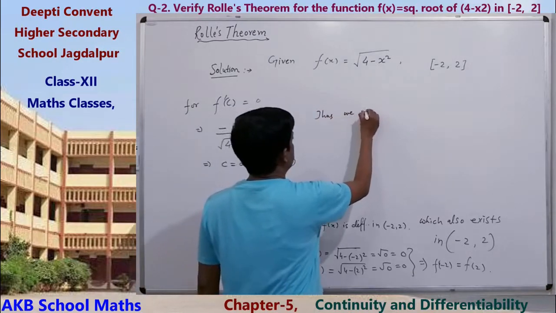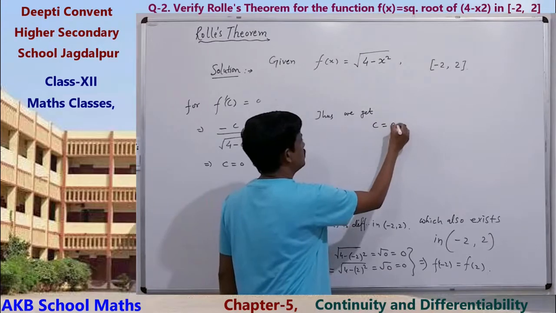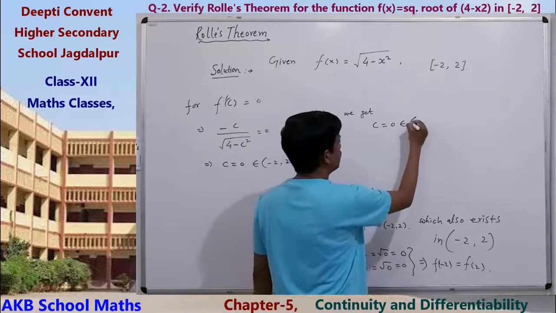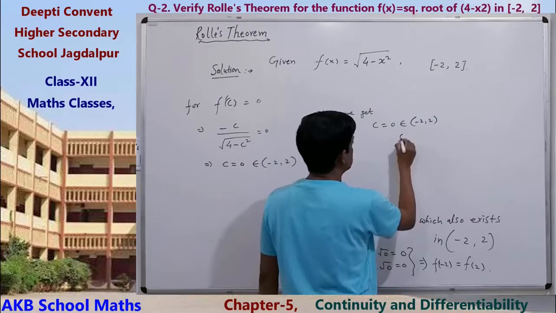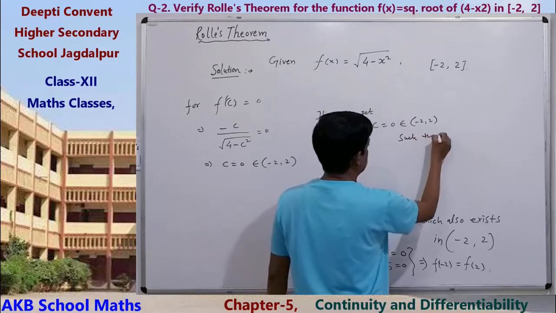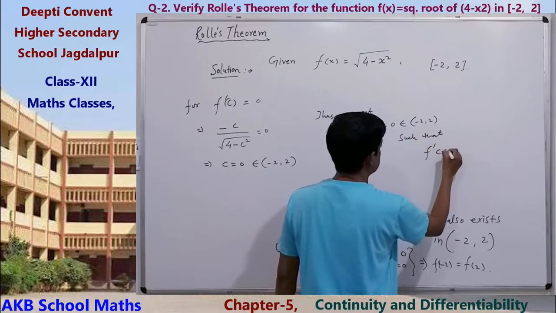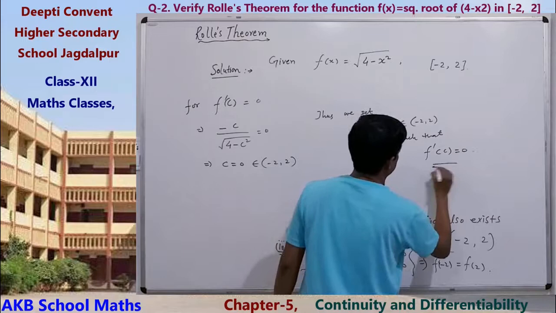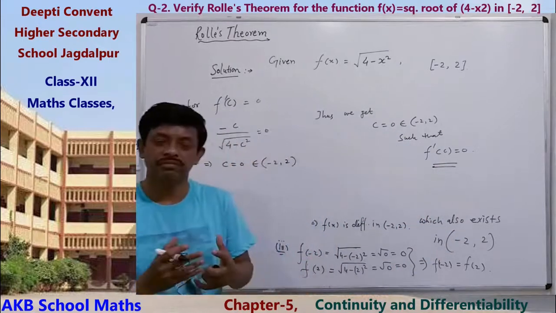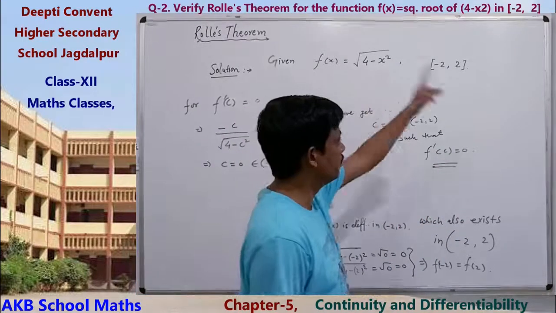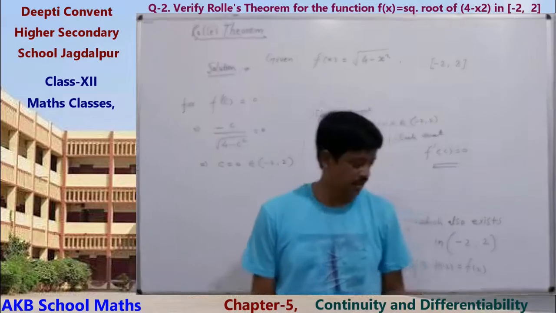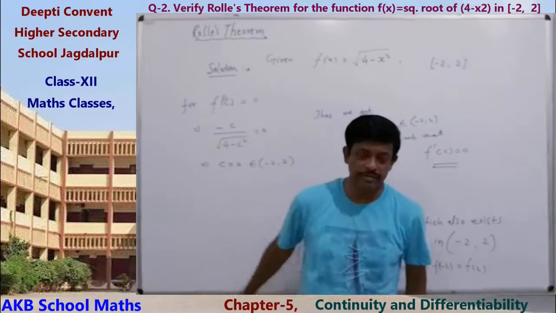Thus we get c equals to 0 belongs to minus 2 to 2 such that f dash c equals to 0. That is, Rolle's theorem is verified for the given function. Clear? Okay.